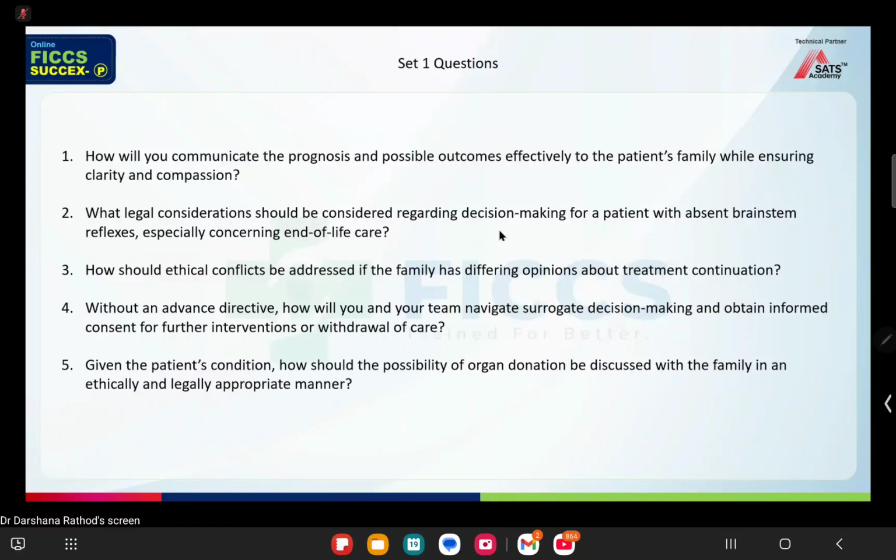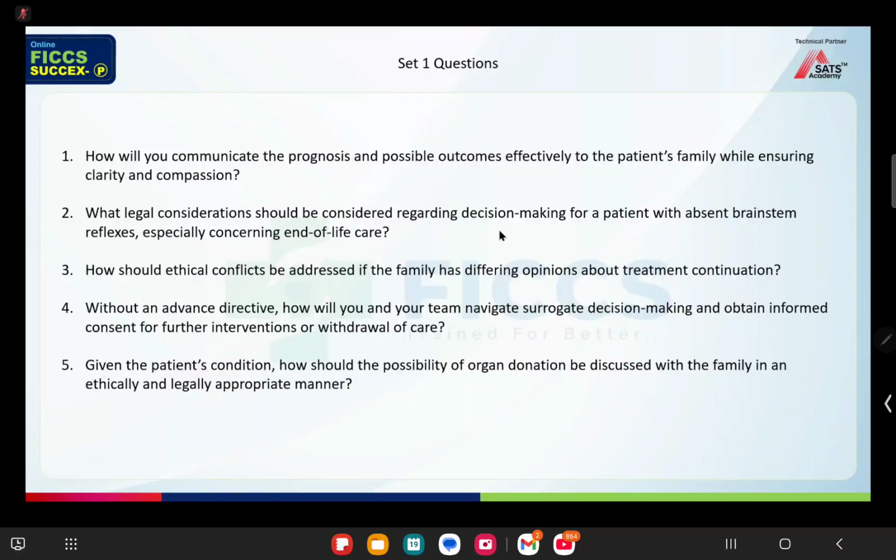It is very important that all the team members are in sync about what is happening with the patient. It may be a neurologist, a neurosurgeon, the intensivist, or a primary physician under whom the patient is admitted. You all have to be on the same page, because if even one has a little doubt, it is going to be a haywire thing.